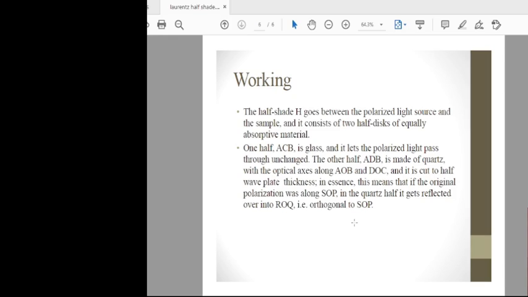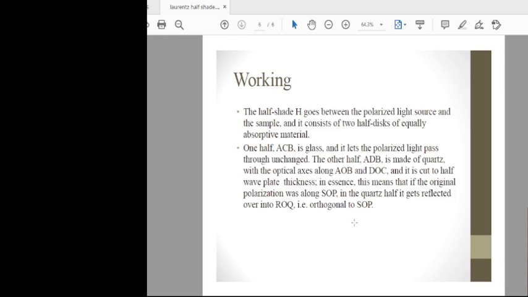In the actual experiment, different concentrations of solutions are taken and the corresponding angles of rotation are determined. Then a graph is plotted between the concentration C on the x-axis and the corresponding angle of rotation on the y-axis.